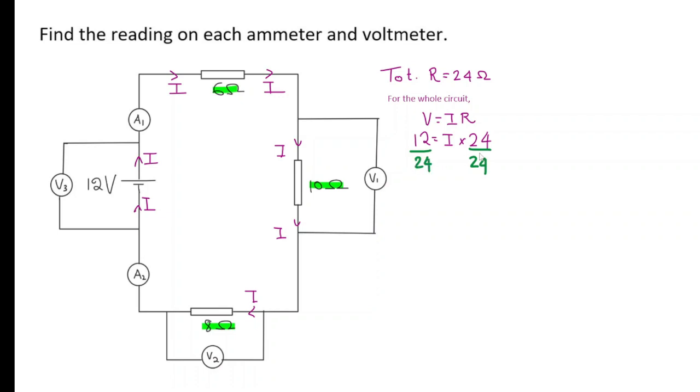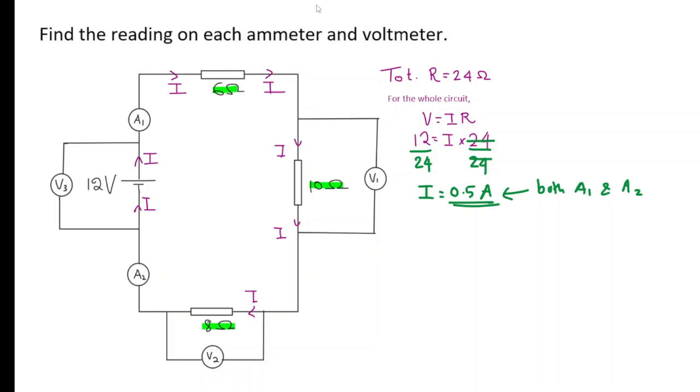Actually it's not 2, because you divide both sides by 24. 12 divided by 24 is half, or 0.5 amps. This is the reading on both A1 and A2, because you can put as many ammeters as you want around a series circuit, and they will all show the same reading.